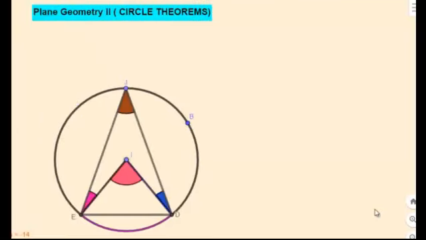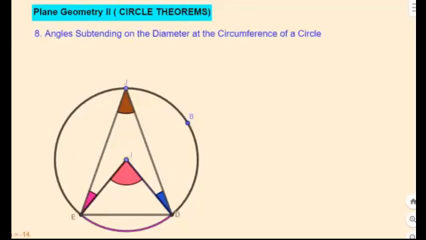Today, under plane geometry 2 or circle theorems, we would like to look at angles subtended on the diameter at the circumference of a circle. Stay tuned, and I hope you may enjoy this lesson.